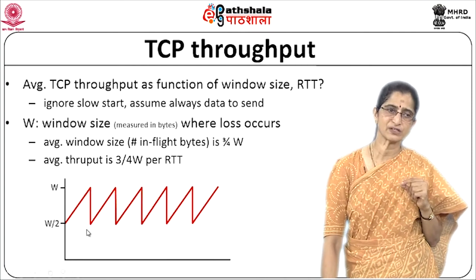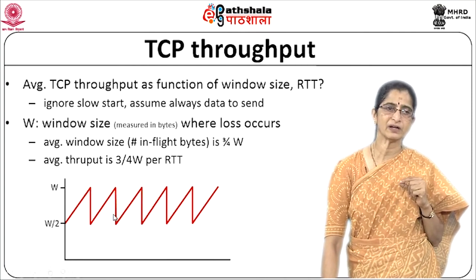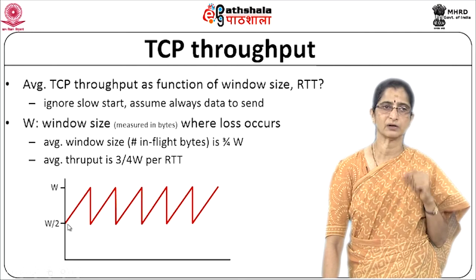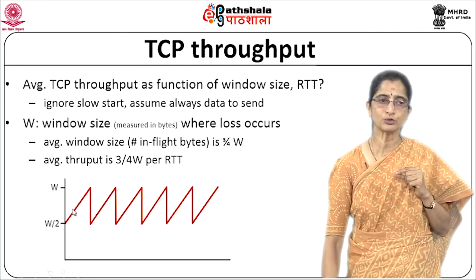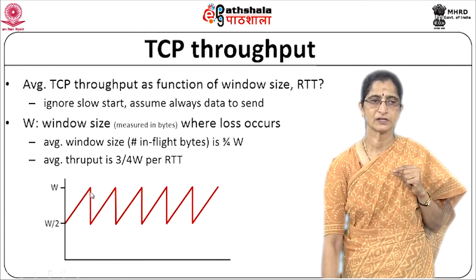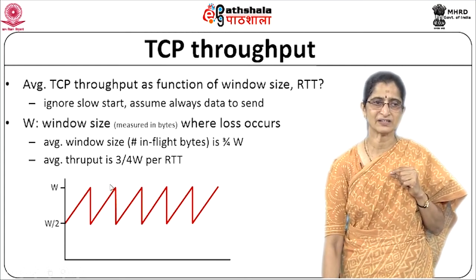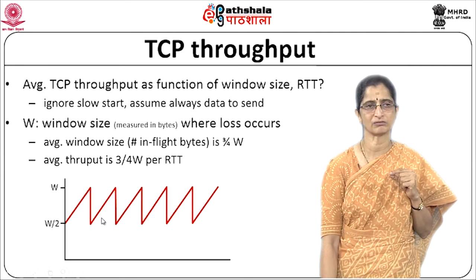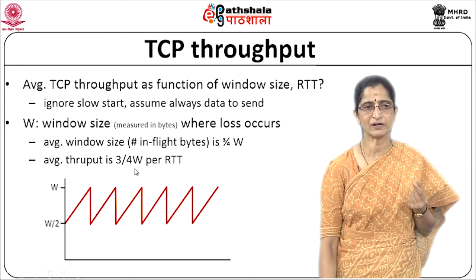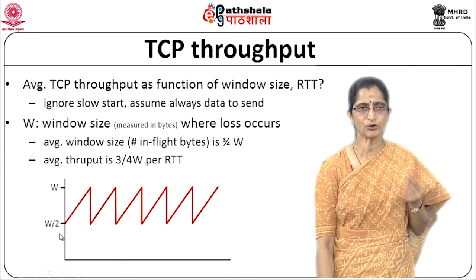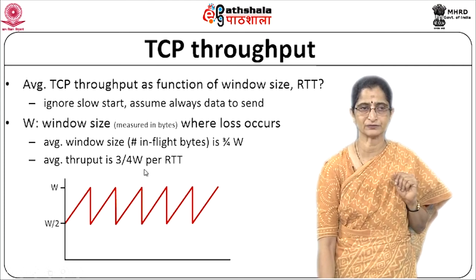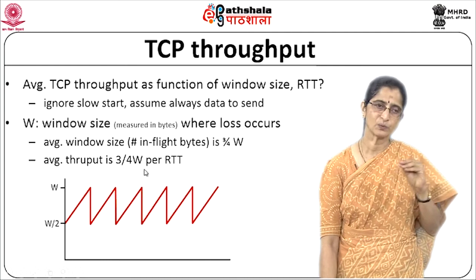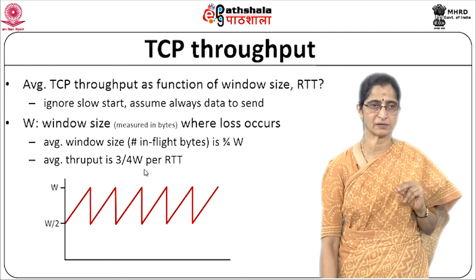On an average, you will keep shifting between W/2 number of packets per RTT to W number of packets per RTT. So you can say that on an average you will be somewhere at 3/4 W, that is between W/2 and W. So 3/4 of a window per RTT will be the throughput that you can get. This is the kind of throughput that one expects with TCP with this additive increase, multiplicative decrease in action.